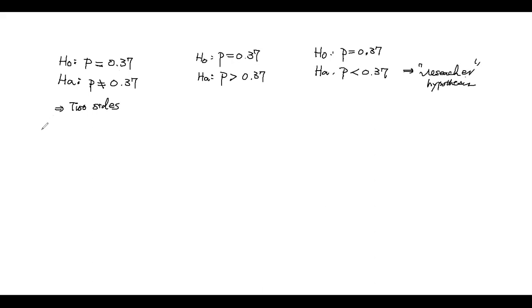You test either bigger or smaller. If it's greater than, this is a one-sided test, the right side. And if it's less than, this is also a one-sided test, the left side.